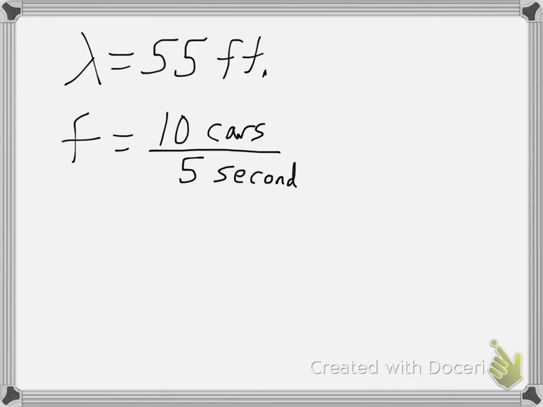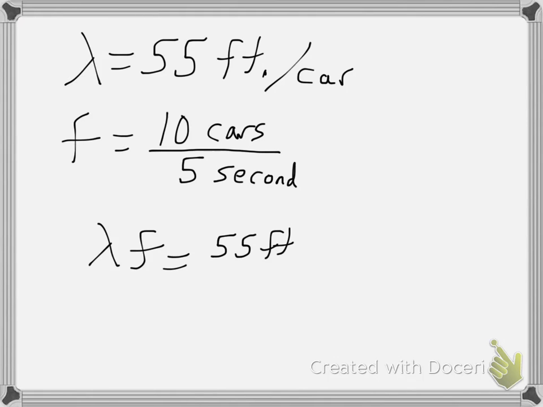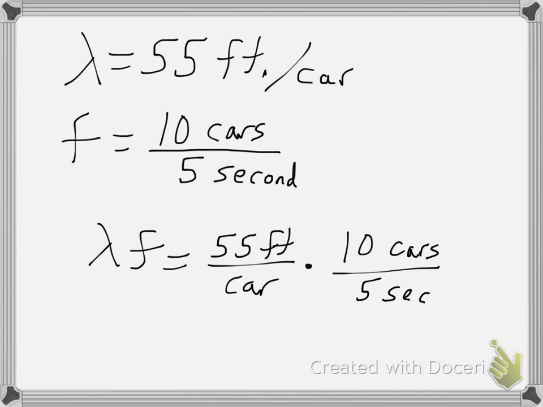So another way to think of wavelength is 55 feet per car, and my frequency is 10 cars per 5 seconds. What happens if I multiply these two together? I'm going to get lambda times f, which is 55 feet per car times 10 cars in 5 seconds.